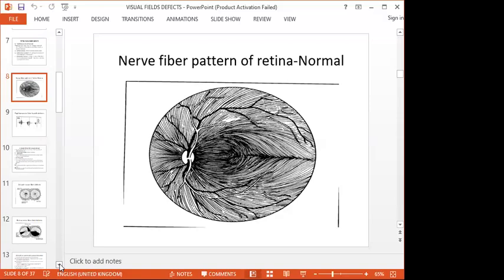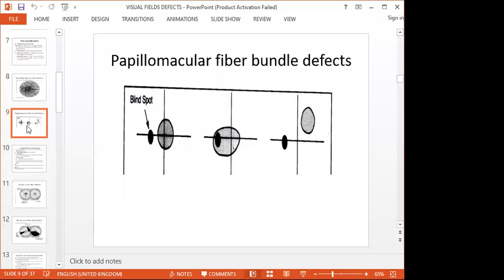Nerve fiber pattern of the normal retina. I think we looked at this. Papillomacular bundle fiber defects. This is called a blind spot.